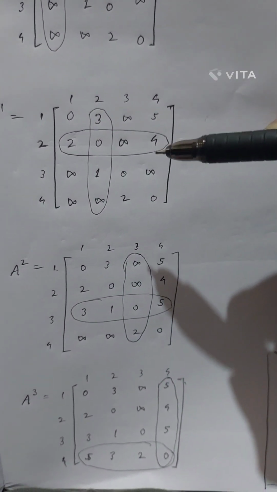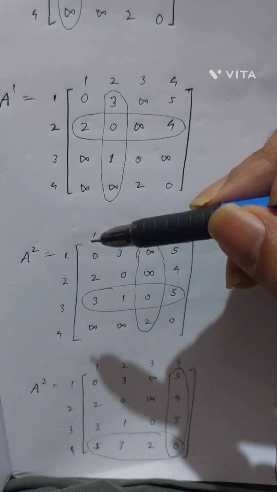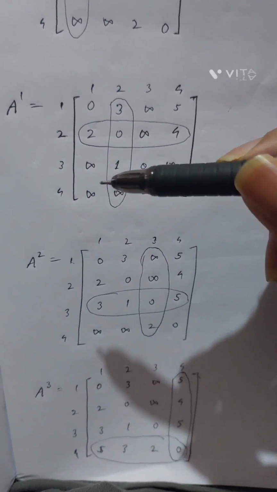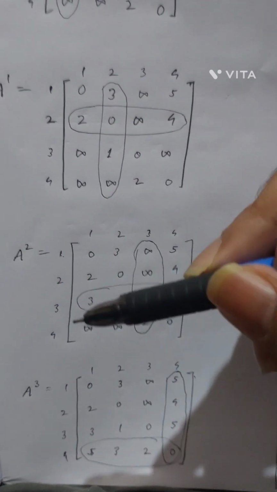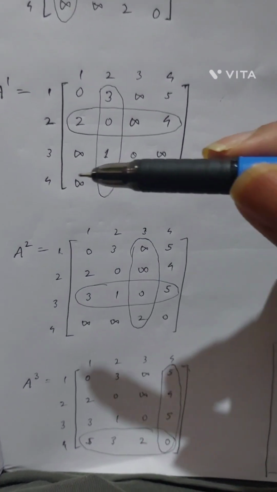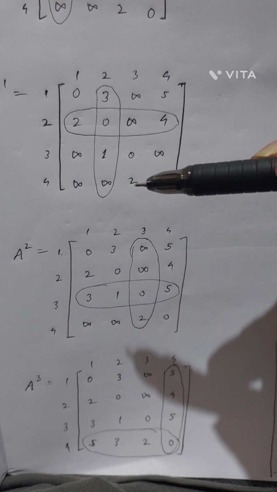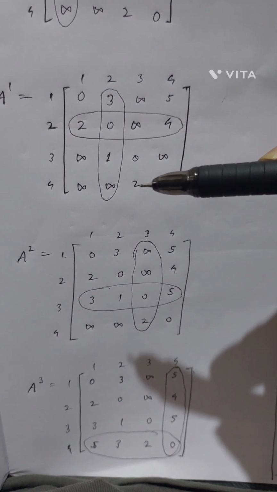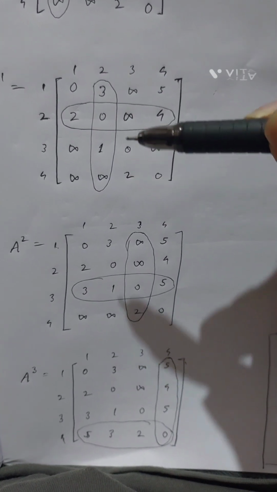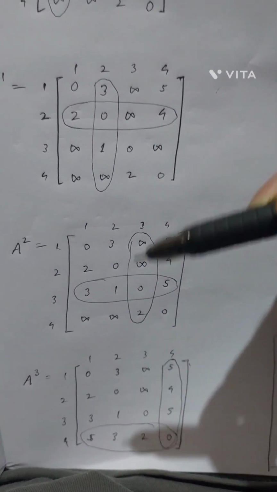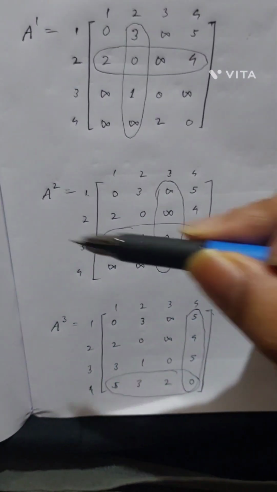So we take the minimum of infinity and 5, which is 5. For 4, 1, the minimum of infinity and 2 plus infinity, which is infinity. Again for 4, 3, the minimum of 2 and infinity, which is 2. So this completes our A2 matrix.